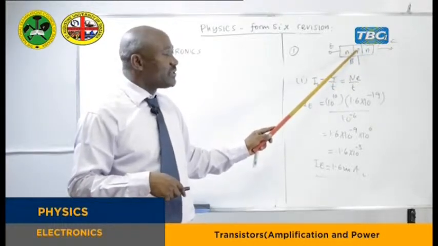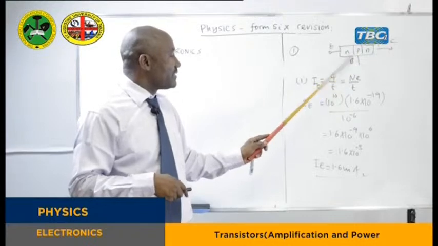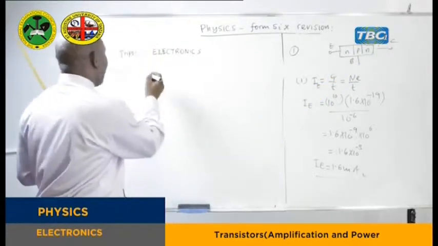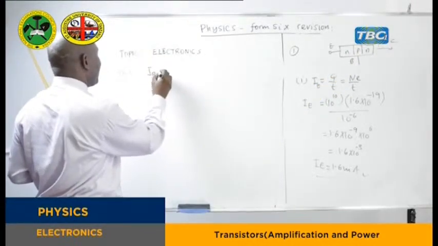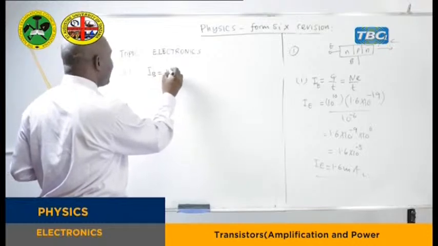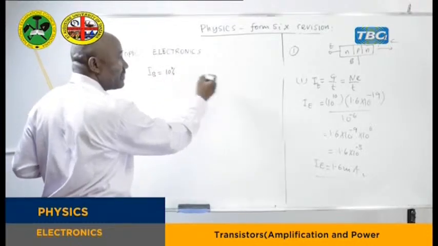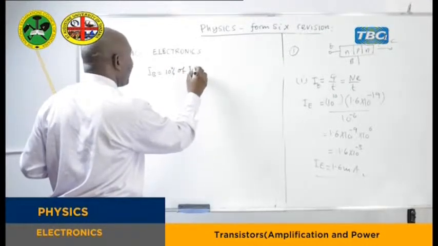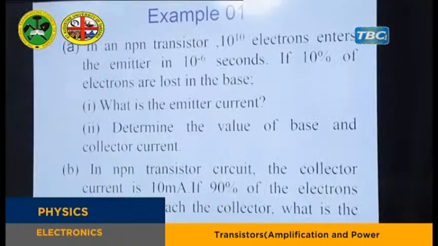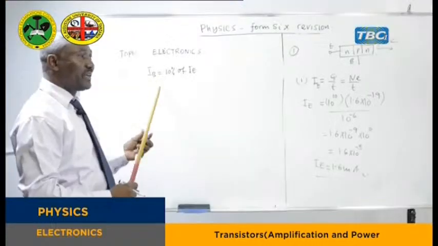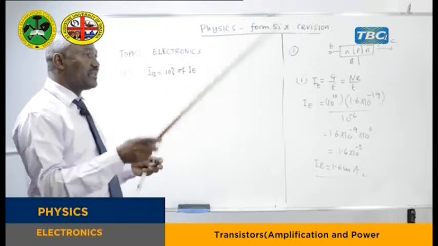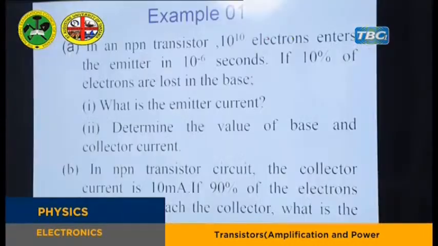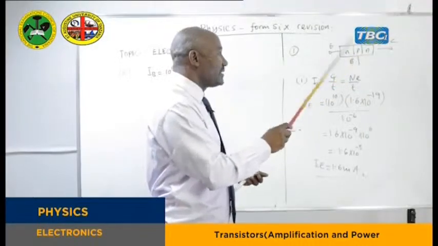So these are the ones which are lost, and these are the ones which produce the current here. So the base current is given by how? 10% of electrons emitted from the emitter, these are the ones which will be producing the base current. Why? Because these are the ones which combine here to produce the current in the base.